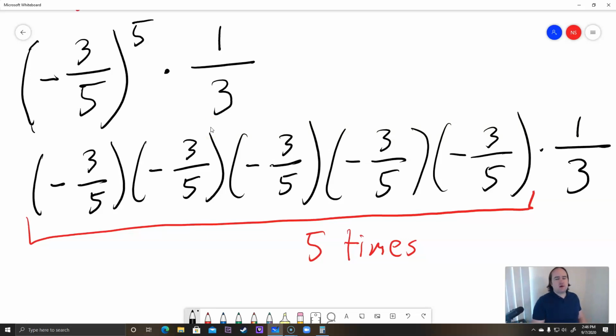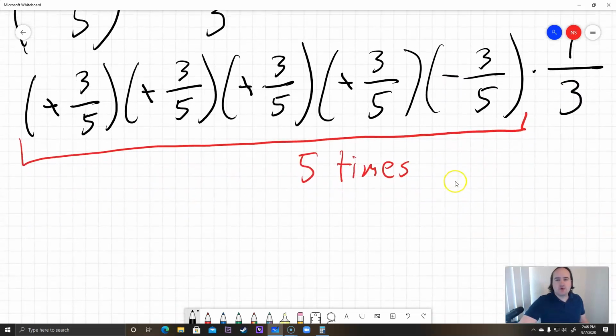So there's a lot going on here, but what I would recommend doing first is you cancel out minuses in groups of 2. So remember that if you have 2 minuses, you can cross them out. So the first 2 cross out, the second 2 cross out, but this last minus here doesn't have anything to cross out with, so that means our answer is going to be negative.